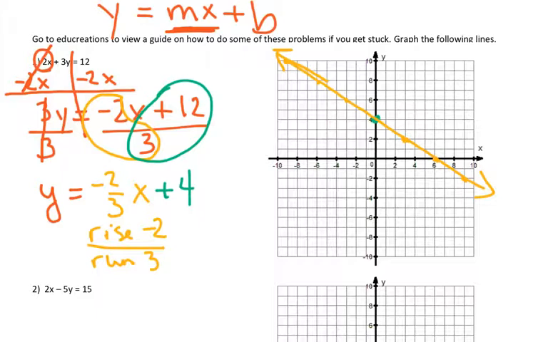So let's take a look at the original equation, and it was 2x plus 3y equals 12. So I'm going to show you a different way to do this, and we can find the x-intercept and the y-intercept. The x-intercept occurs where y equals 0.